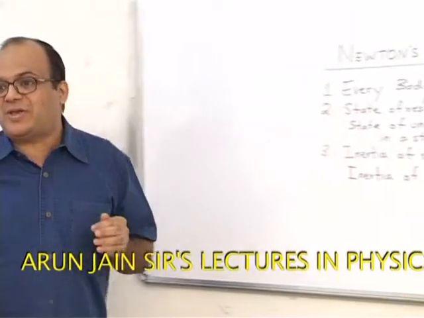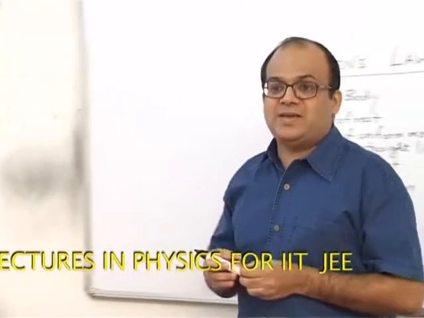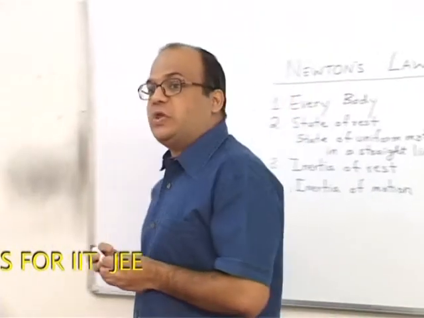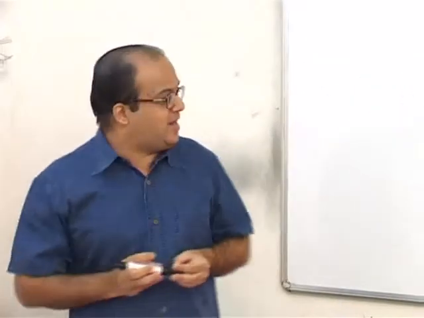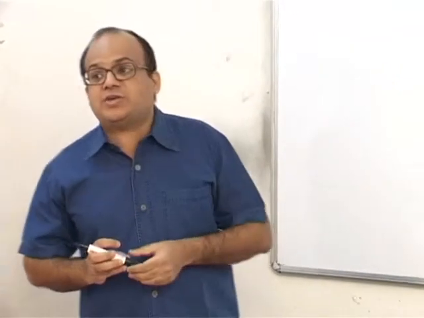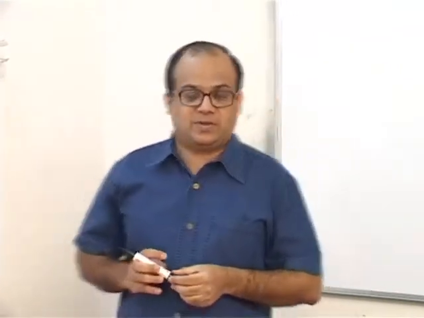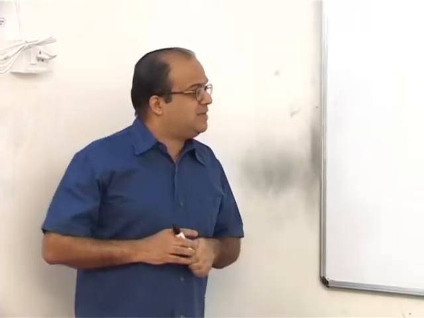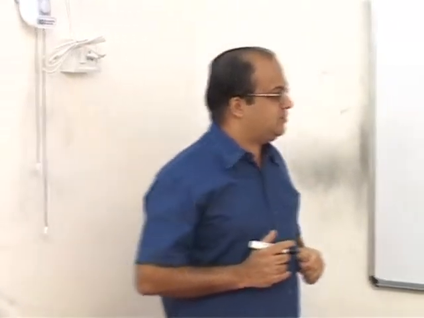The tendency of a body to keep moving in a straight line with uniform motion unless acted upon by an external unbalanced force is called inertia of motion. So Newton's first law basically defines inertia.